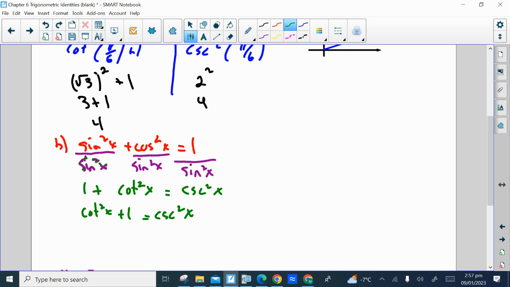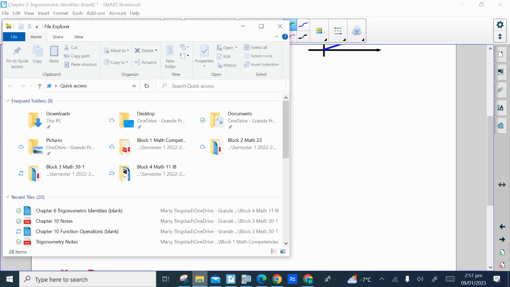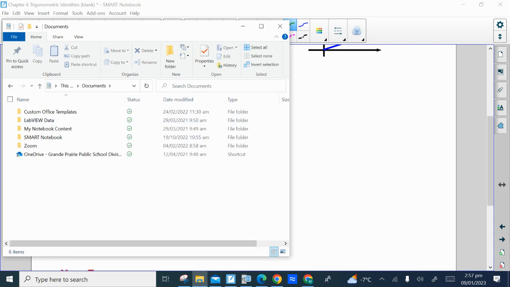It came from the original Pythagorean identity. And then dividing all of the terms by sine squared x, we ended up with cotan squared x plus 1 equals cosecant squared. That is a variation of the Pythagorean identity, and I think it is on the formula sheet.